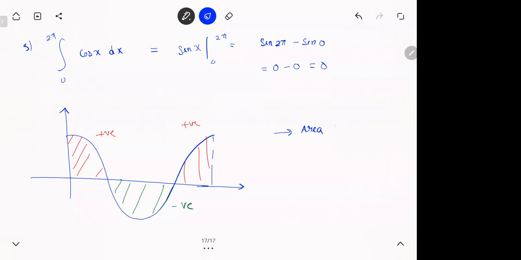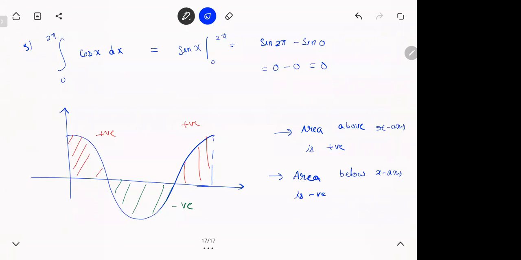So above the x-axis, the area is positive. And below, the y coordinate is negative, so you're multiplying by a negative number. So it's a negative area. When you add the total area, positive and negative, you see both are equal in magnitude. That's why we are getting 0.